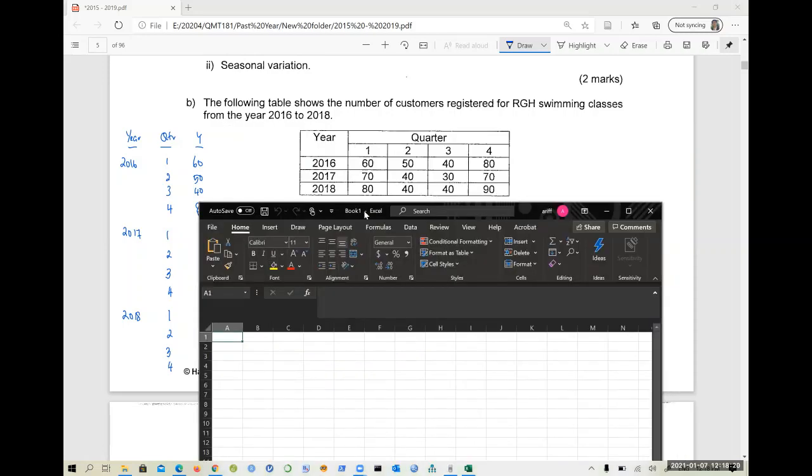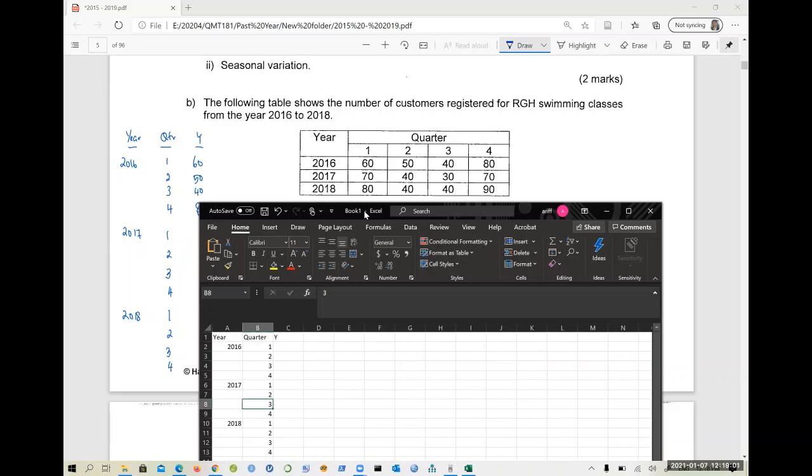So you have year, then quarter, and you have the Y value. So this one is 2016, quarters 1, 2, 3, 4. Then 1, 2, 3, 4. Then 1, 2, 3, 4. Then we have 2017 and 2018.